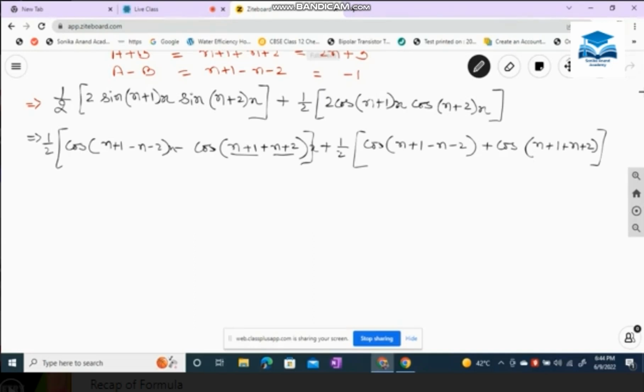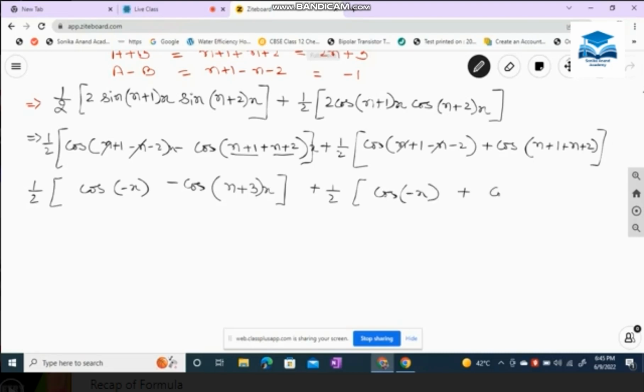Clear? So here we get n cancelled. Here also it is cancelled. So we get 1 upon 2 cos minus 1 into x. Here we get cos 2n plus 3 into x. Here we get half cos minus x.